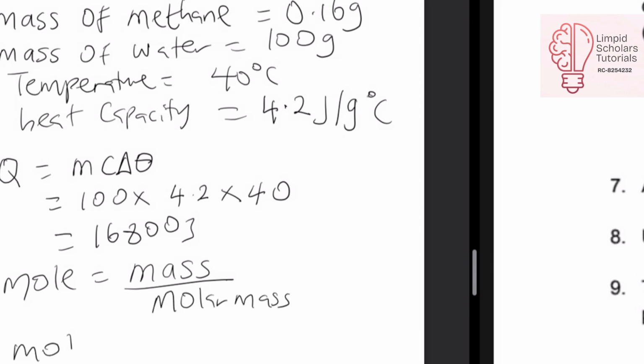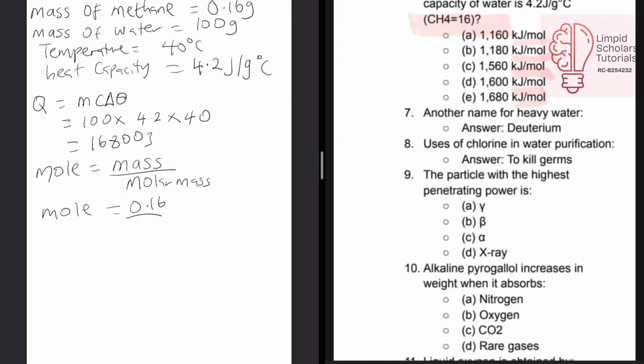Our mass is 0.16 gram, and our molar mass, CH4, is 16. So 0.16 divided by 16 is 0.01 mole.